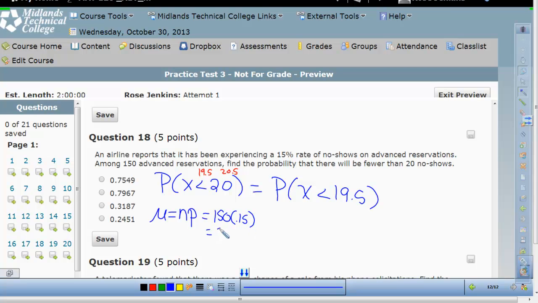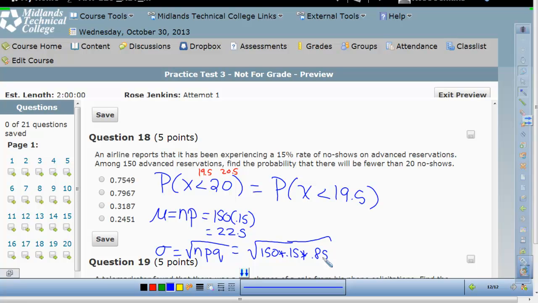Is that right? Okay, and our standard deviation is the square root of n times p times q. So the square root of 150 times 0.15 times what? 0.85, if it's 1 minus 0.15.